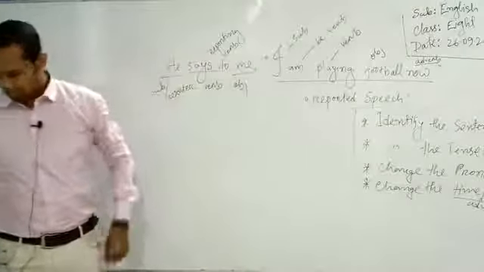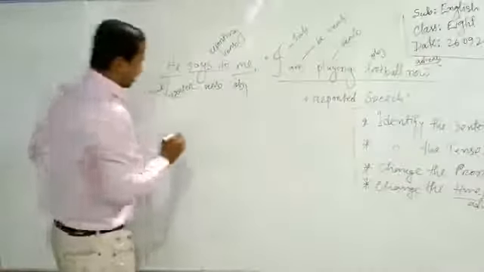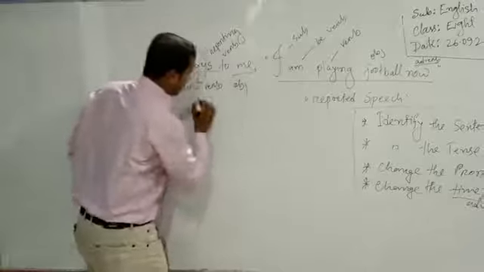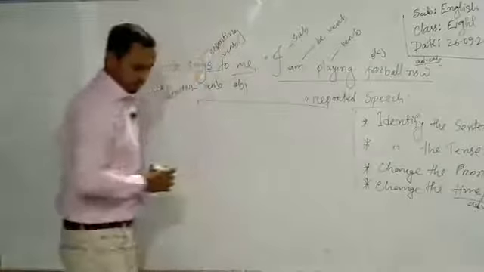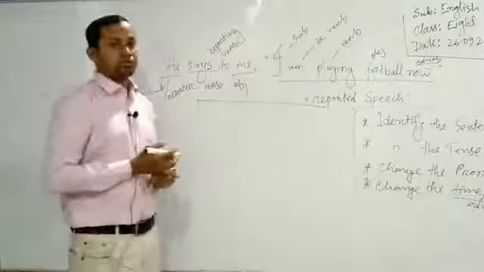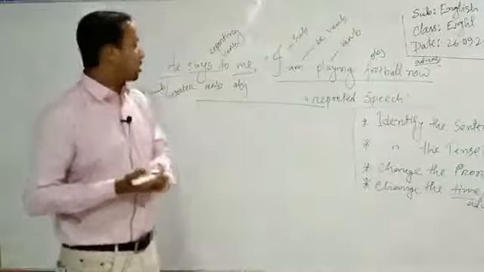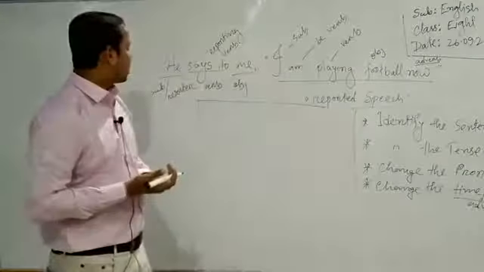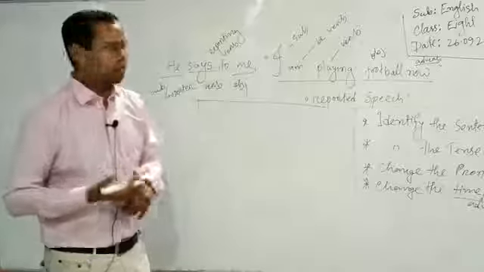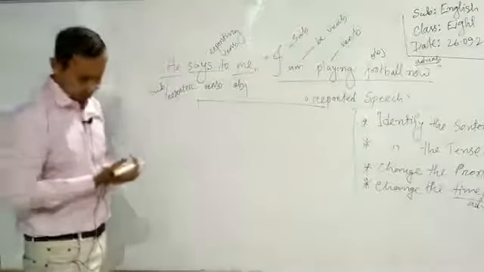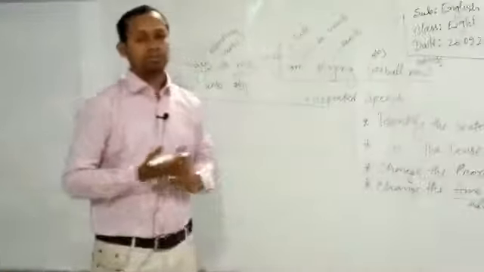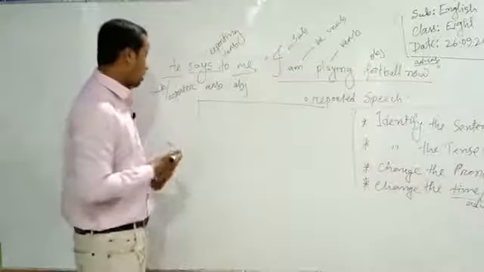And what to change, at first you always remember that we know that there are 3 types of person and number, that means singular number and plural number. We can divide the person into 3 types: first person, second person, and third person.